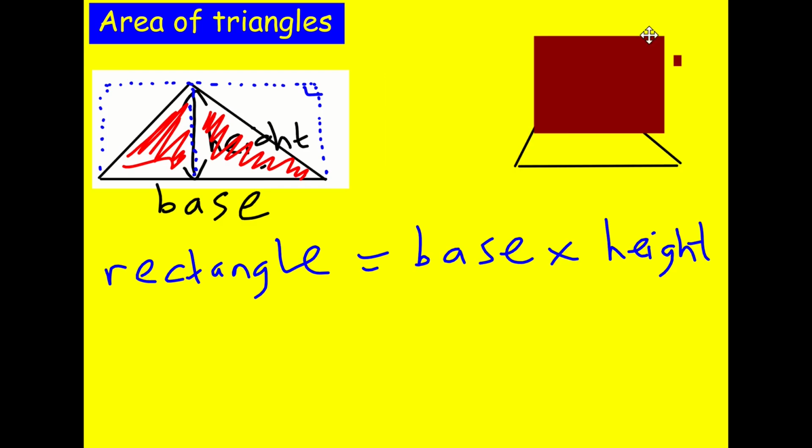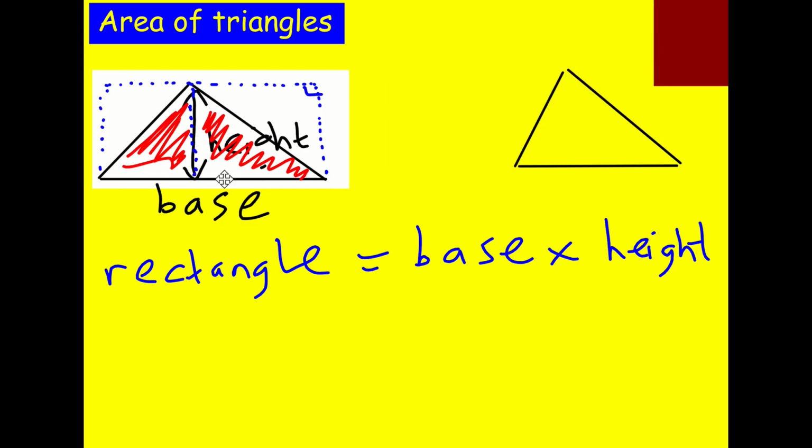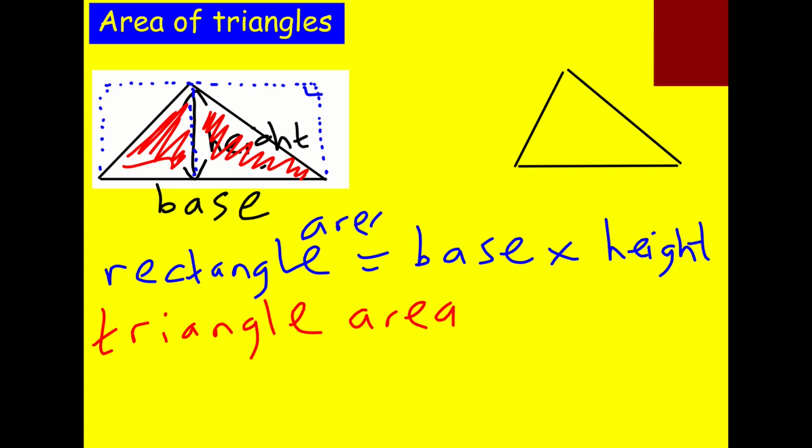And what do I have overall? I have exactly half of the full rectangle, because this red bit is half of this rectangle, this red bit here is half of this rectangle, and so I can say the triangle area. Apologies, I should have said area as well there. Triangle area is not base times height, it's a half times the base times the height.